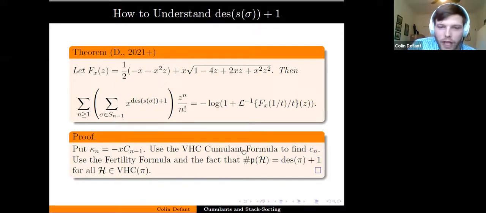Then I combine the VHC cumulant formula with the fertility formula and this observation from before that the number of blocks in a set partition associated to a valid hook configuration is the number of descents of the permutation plus 1. So remember, I mentioned this earlier, and this is where it's showing up.